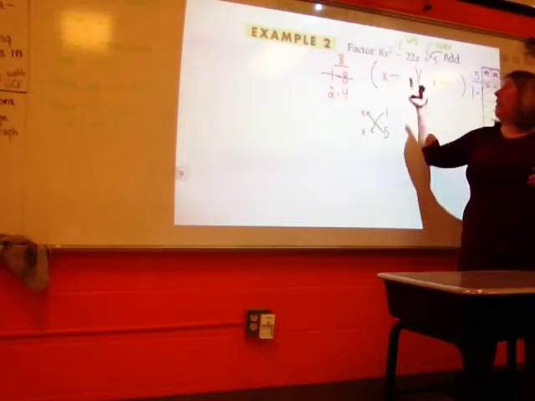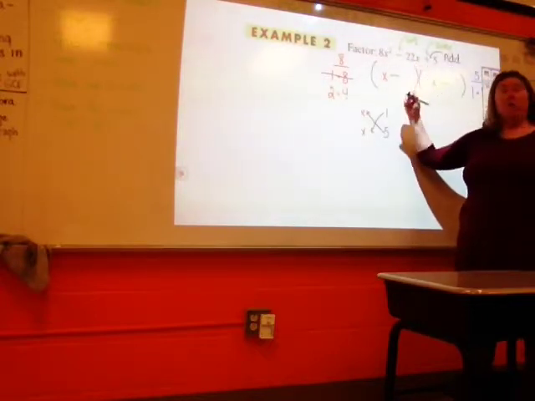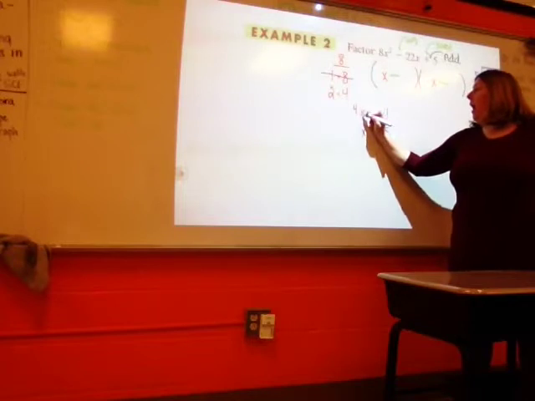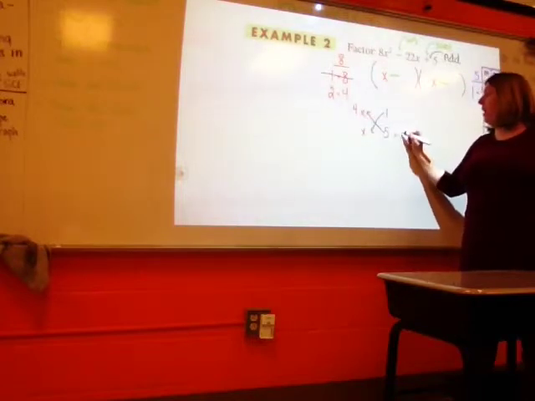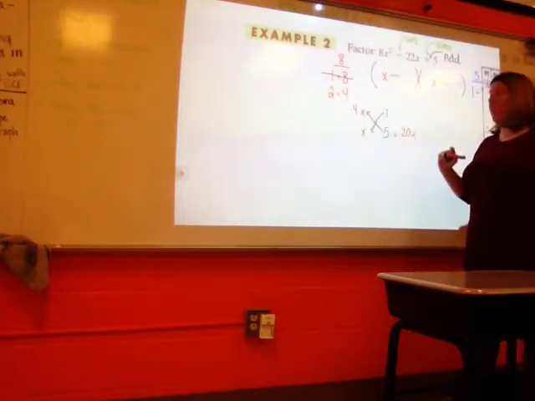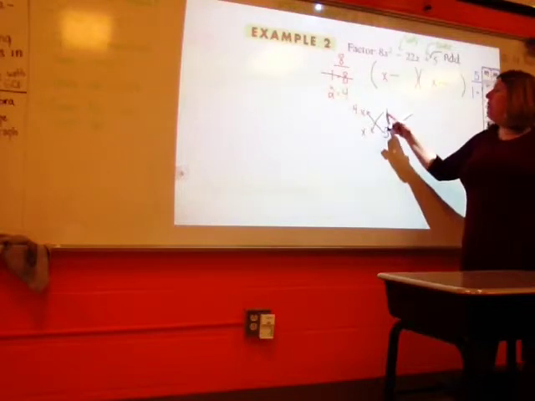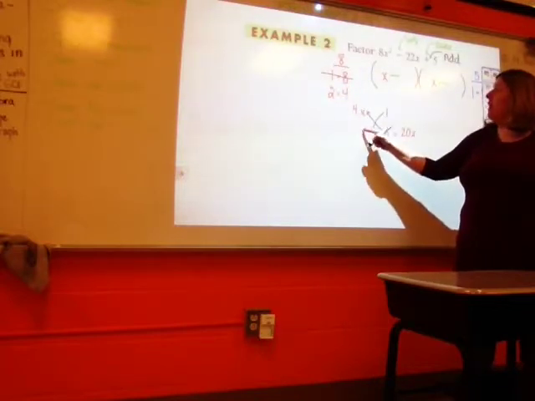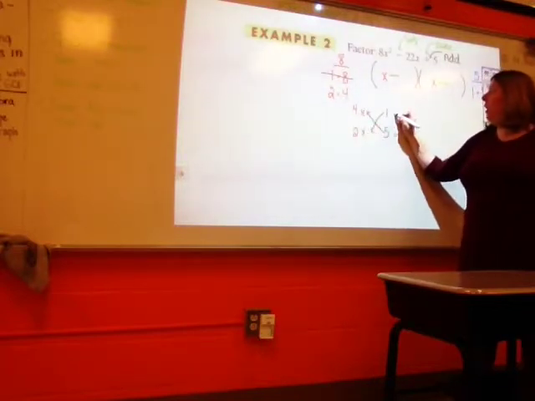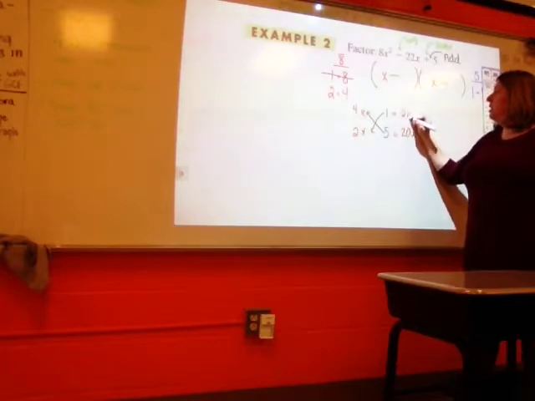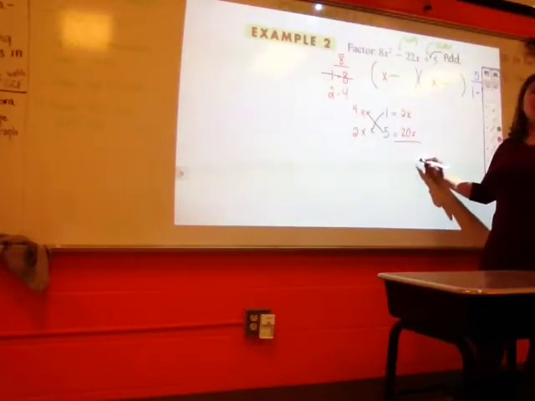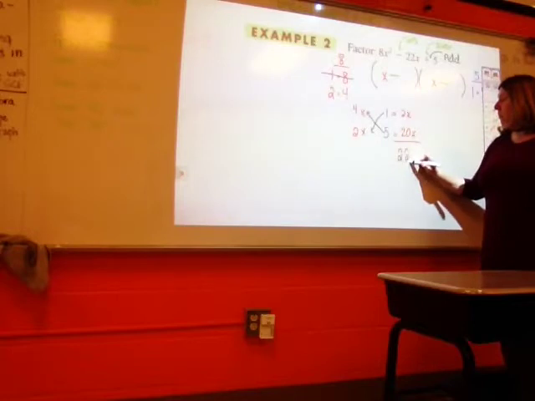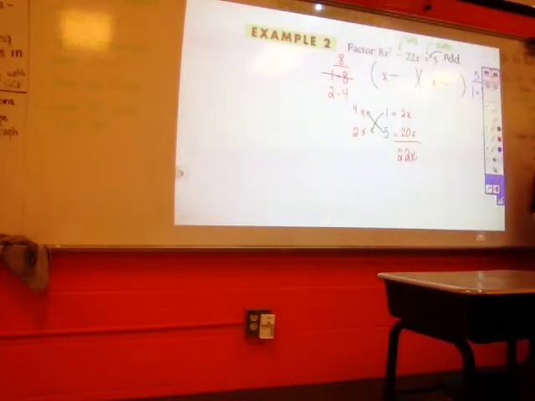Because that equals 20, and that's pretty close to 22, right? So 4x times 5 is going to get me 20x, everybody agree? And then if that's the case, the 1's going to have to go with the 2, and that's going to get me 2x for a grand total of 22x, which we like. Everybody agree?